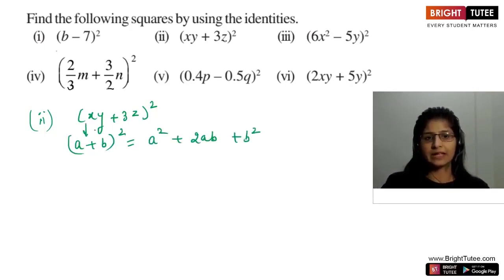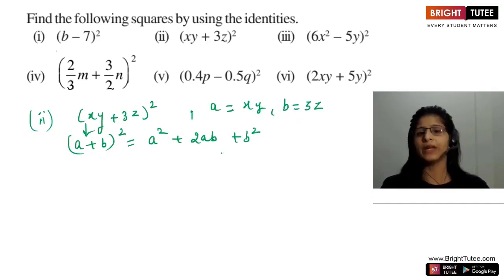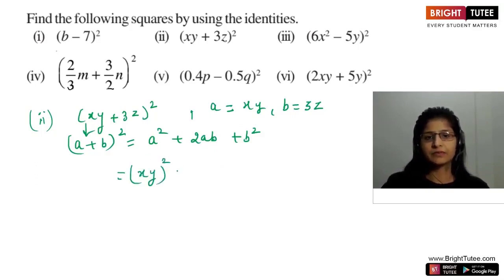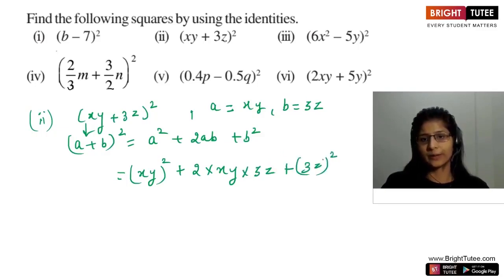Now after comparing these, we know that a is equal to xy and b is equal to 3z. Okay, let us put the values of a and b in the identity. In place of a, we will write xy, plus 2 into a is xy, b is 3z, plus b square is 3z whole square.